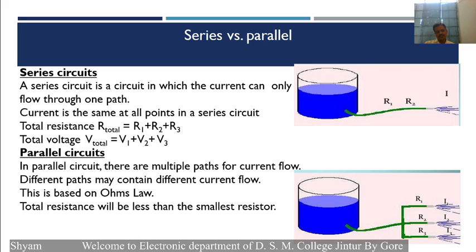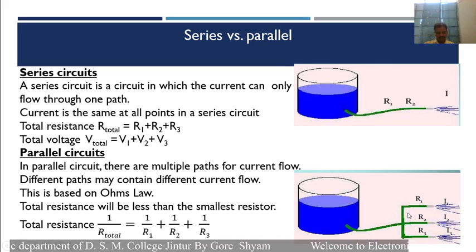The total resistance of the circuit is less than the smallest resistance of the resistors, and the total resistance is given by 1 by R total is equal to 1 by R1 plus 1 by R2 plus 1 by R3.